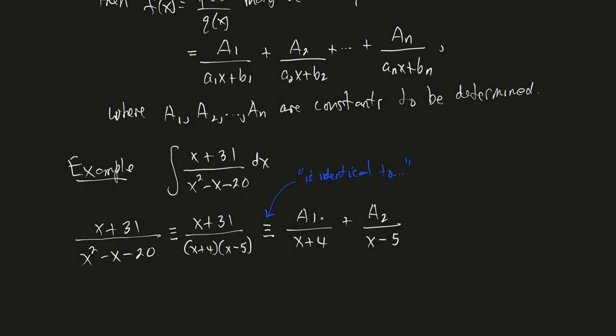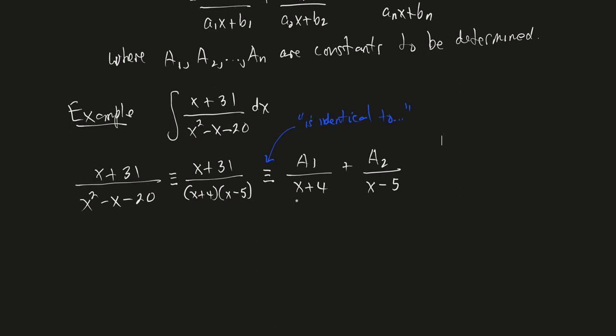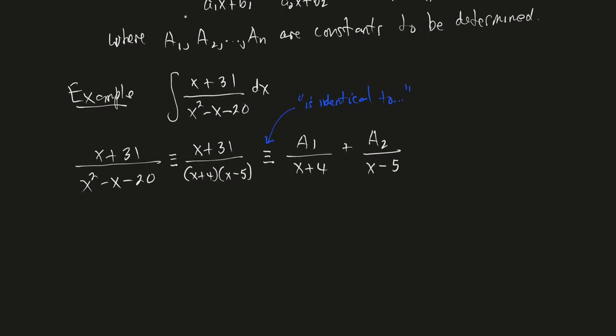So how do we figure out A1 and A2? Well, I'll show you the two methods now. So let's focus on this form right here.